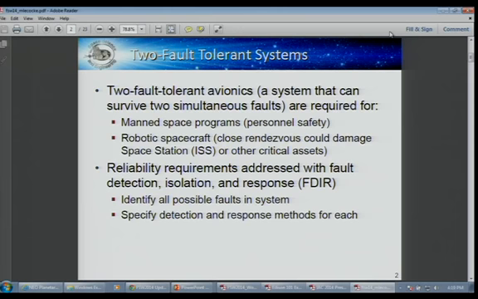So you have this reliability requirement that's usually addressed with an FDIR process, fault detection, isolation, and response is what FDIR stands for, or many other pronunciations. And the general idea is to identify all the possible faults in the system of any sort and prove that you have some method in place to handle that so that you don't lose your mission or your astronauts.